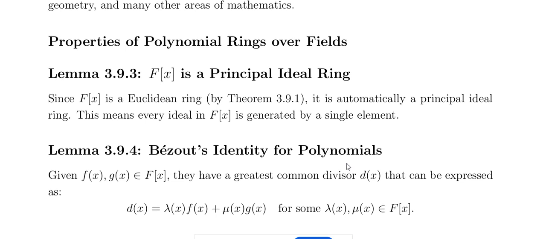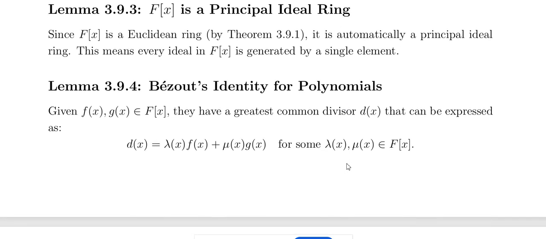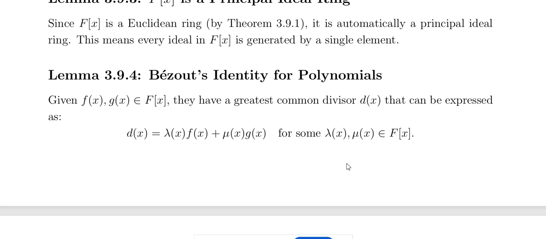Bezout identity for the polynomials means: f of x, g of x belonging to capital F of x have a greatest common divisor. The greatest common divisor of f of x and g of x is d of x.